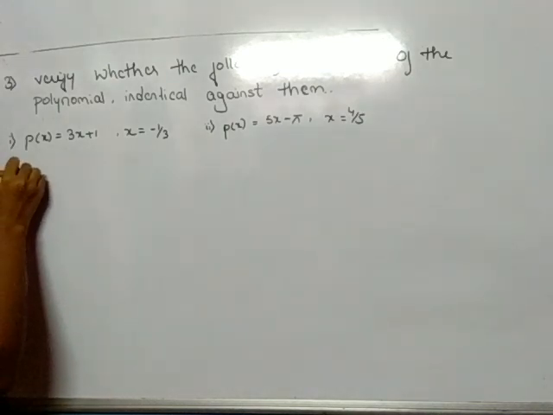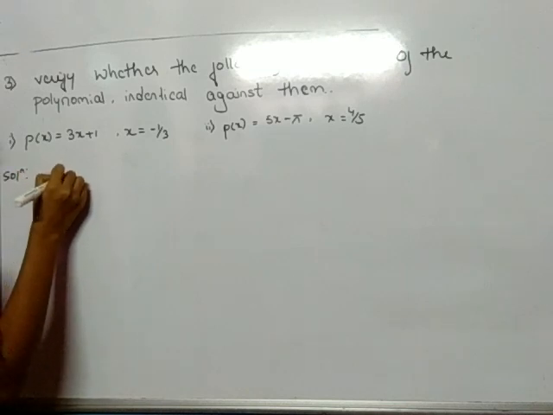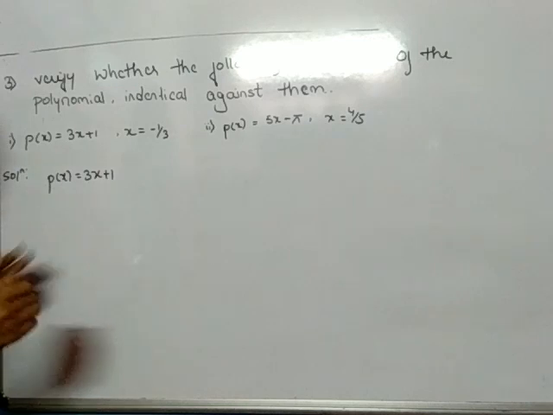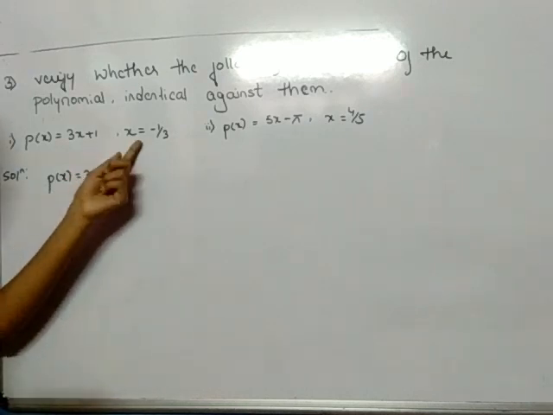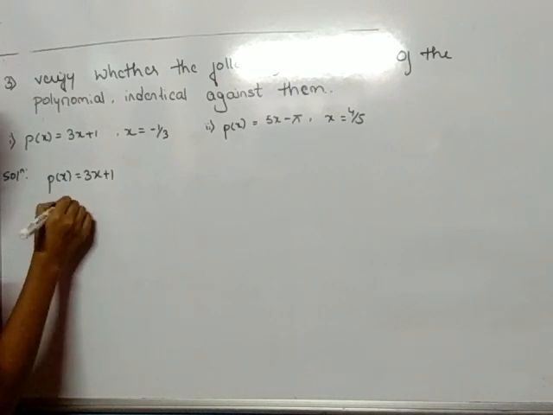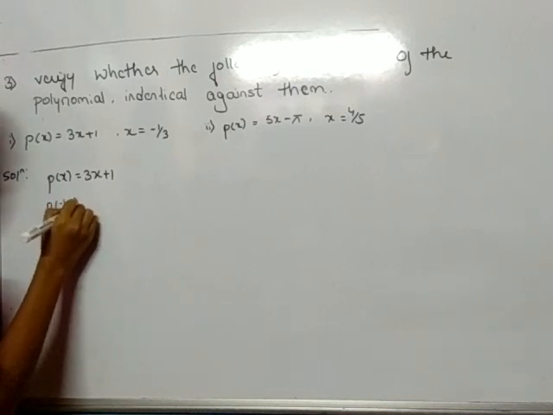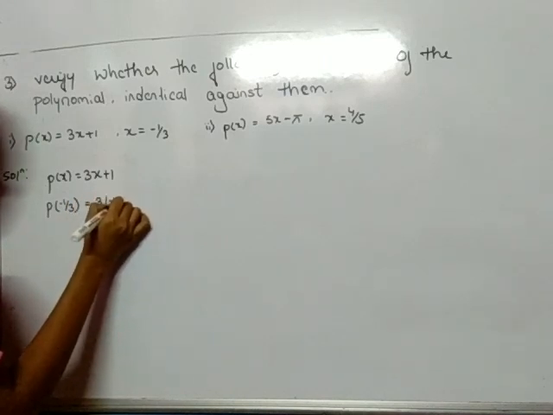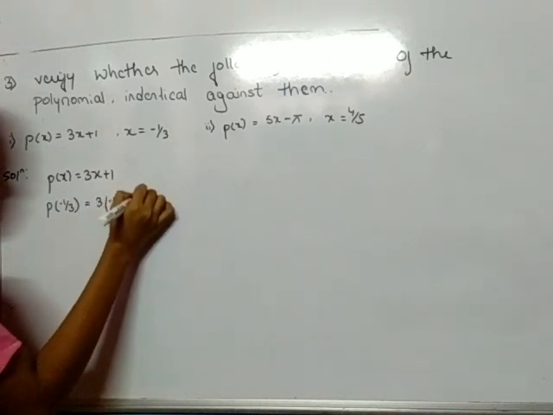Solution: p of x is equals to 3x plus 1. In this polynomial, we'll substitute the value of x here. P of minus 1 by 3 is equals to 3 into bracket minus 1 by 3 plus 1.